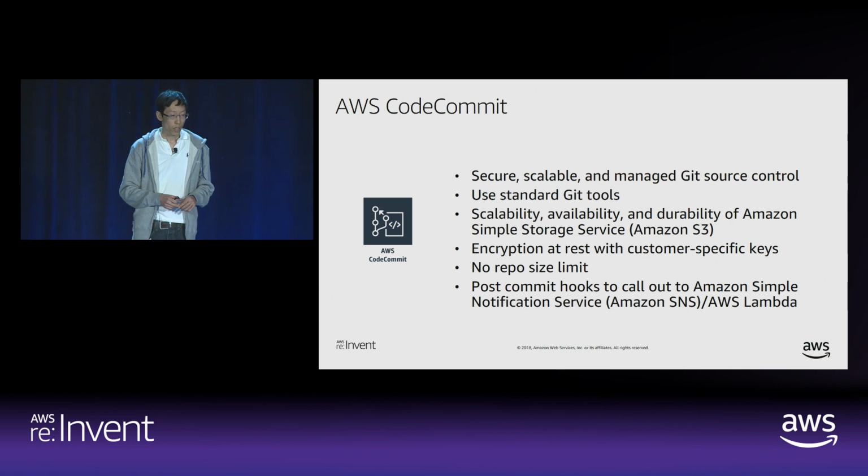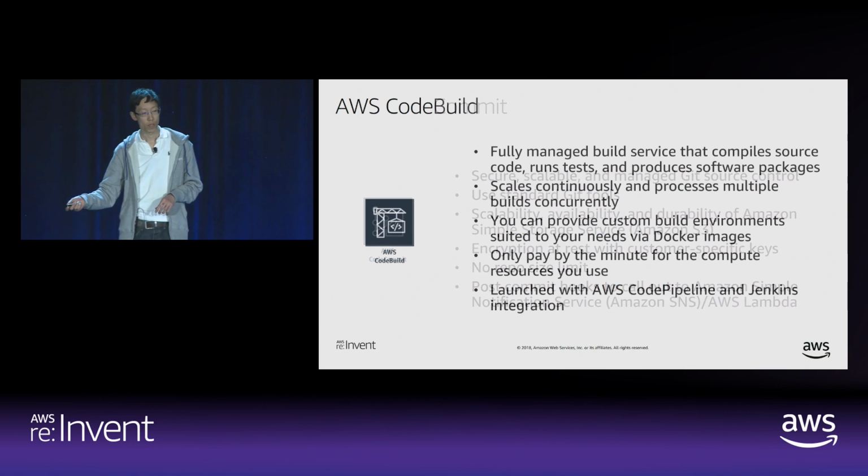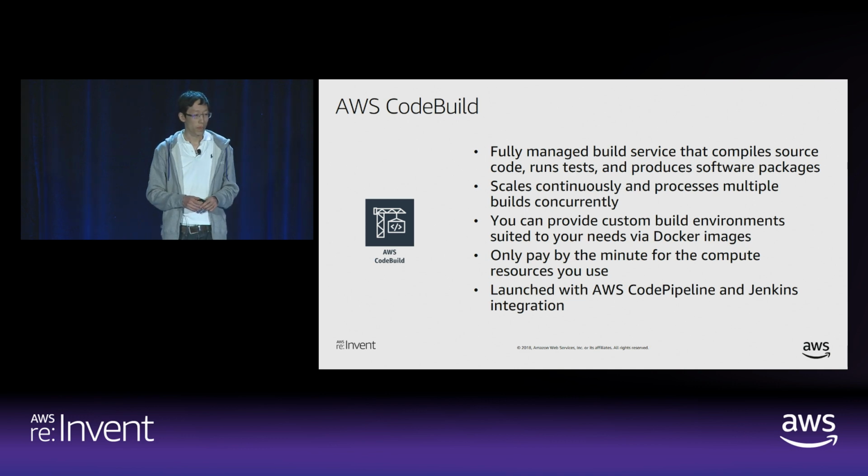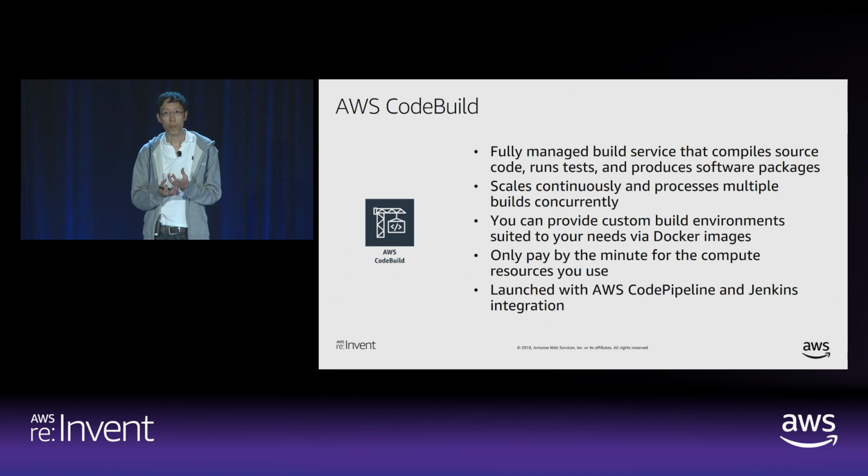Another thing is CodeBuild. CodeBuild is a managed build service that helps you build the package, do the testing, and ship the package as one file, so you can ship the software package to the deployment process.